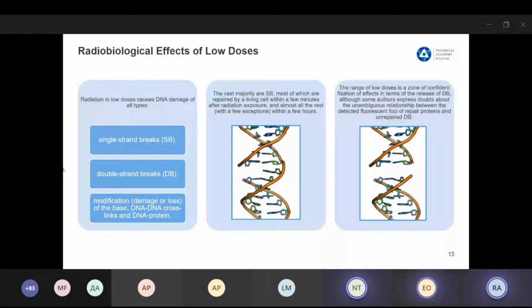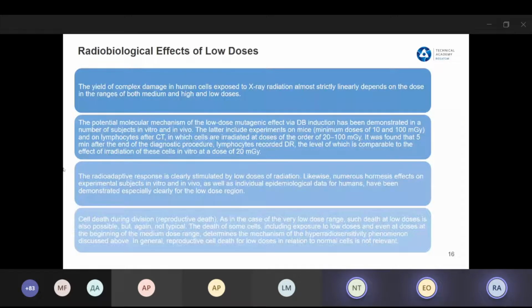Theoretically, a certain amount of DNA cluster damage should be induced by arbitrarily small doses of radiation.